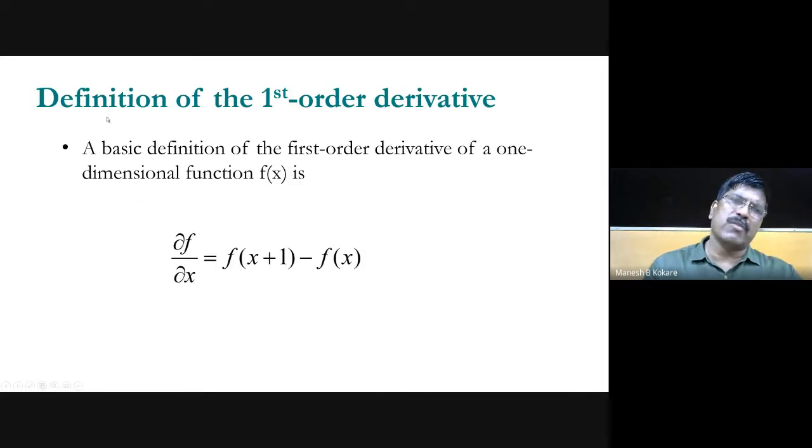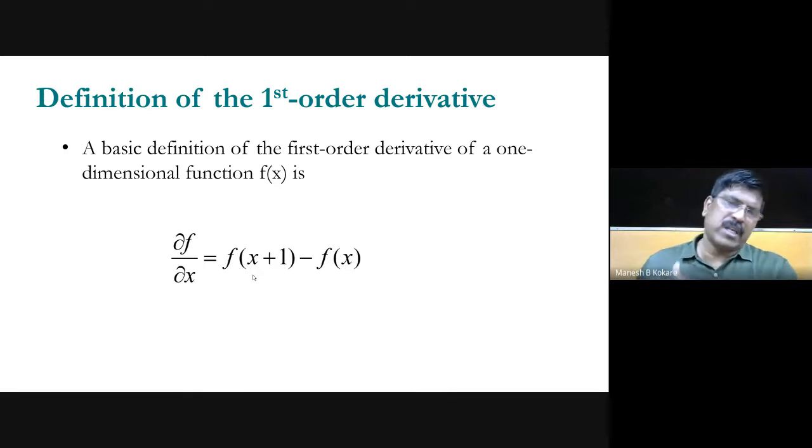If you look at the first order derivative, the basic definition of the first order derivative of a one-dimensional function is the partial derivative with respect to x of the given image f(x,y). We take the intensity of the x plus 1 pixel and subtract the intensity value of f(x) from f(x+1). So the current intensity value is subtracted from the next intensity value of that row or column.